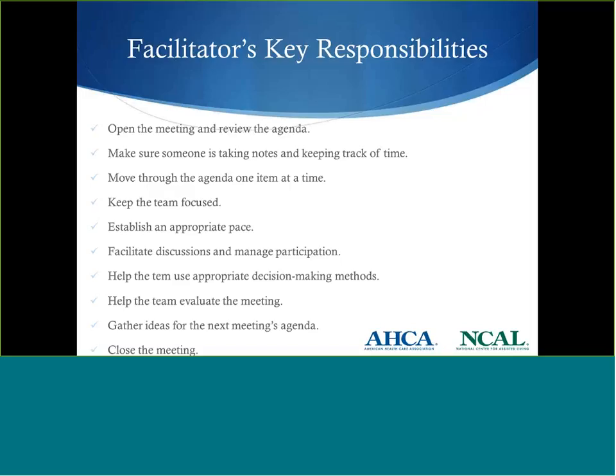Also, when the team has to make a decision, the facilitator should have some ideas and experience on how to lead the team in making a decision. One way of doing it is multi-voting. This series will have some education on how to do multi-voting during a meeting and how to rank order.